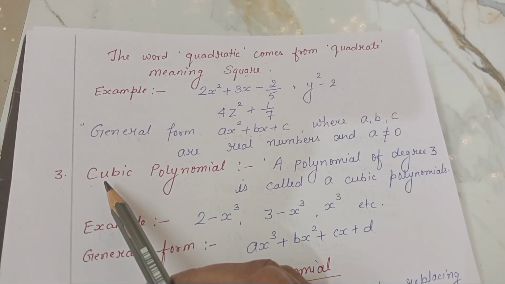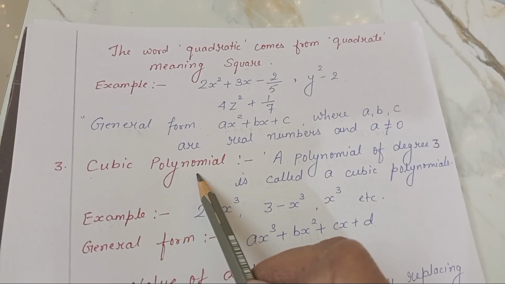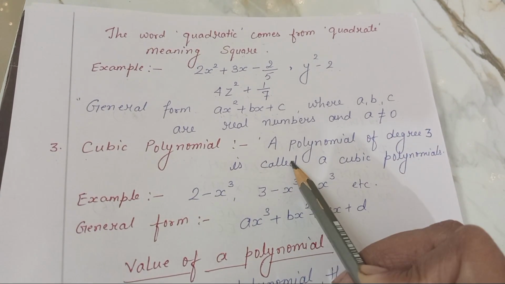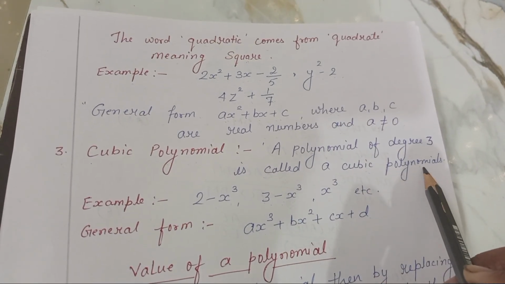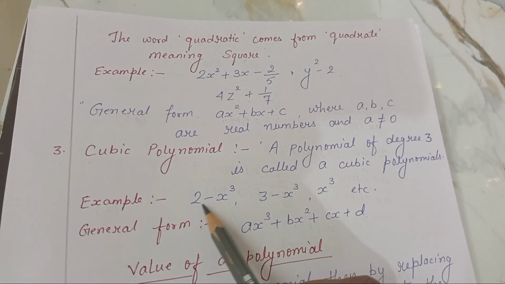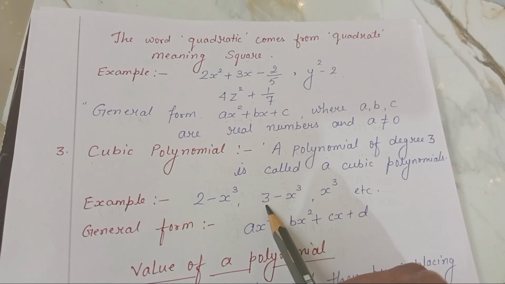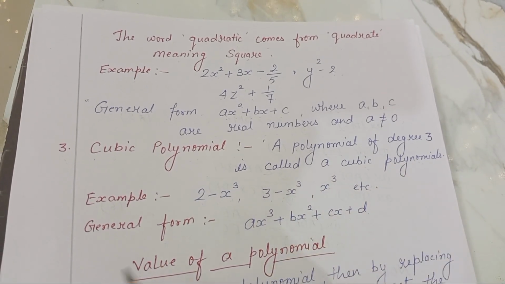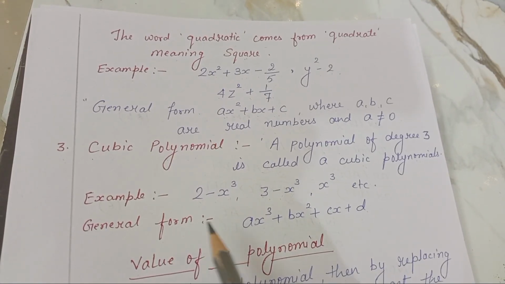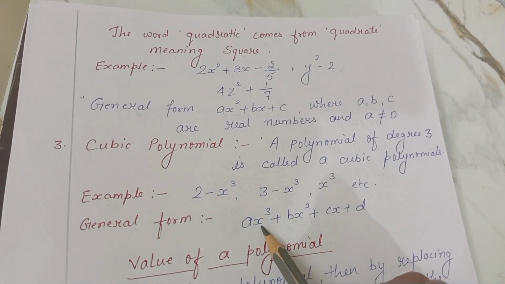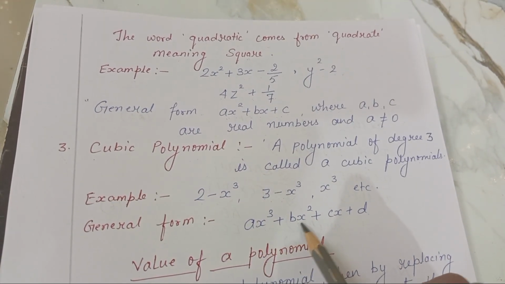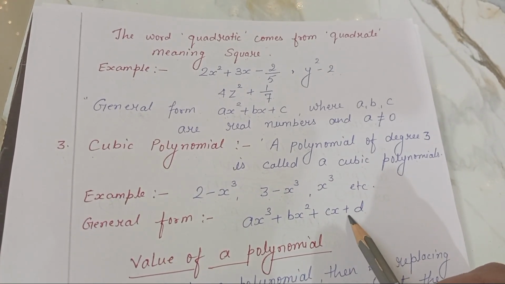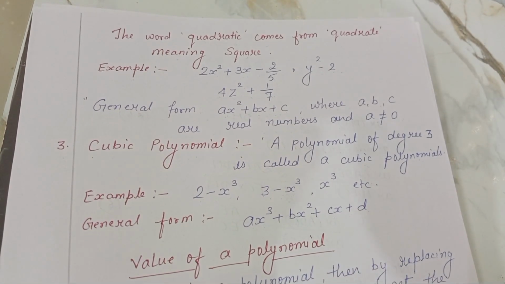Third one, cubic polynomial. A polynomial of degree 3 is called a cubic polynomial. For example, 2 minus x cube, 3 minus x cube, etc. The general form of this polynomial is ax cube plus bx square plus cx plus d.